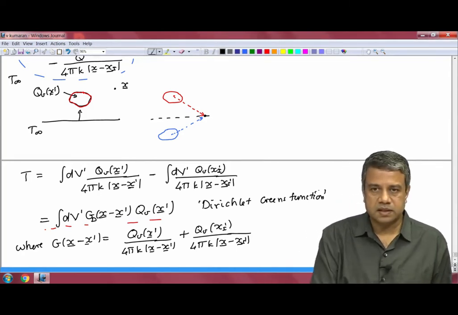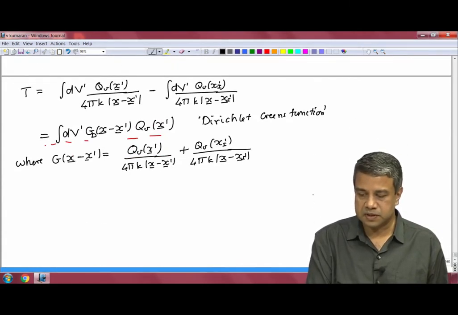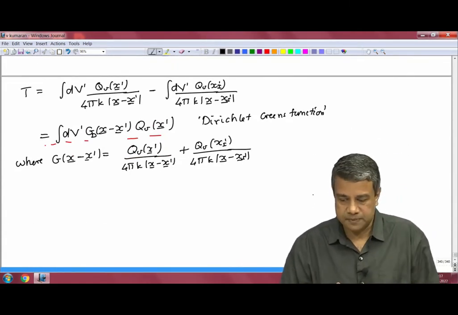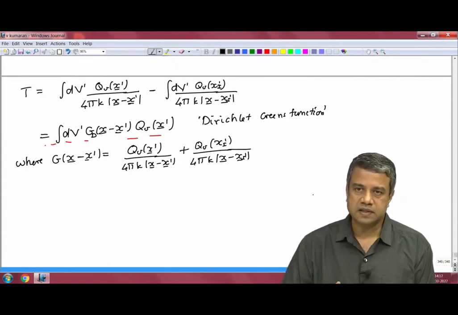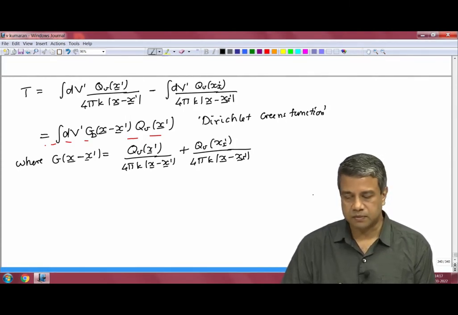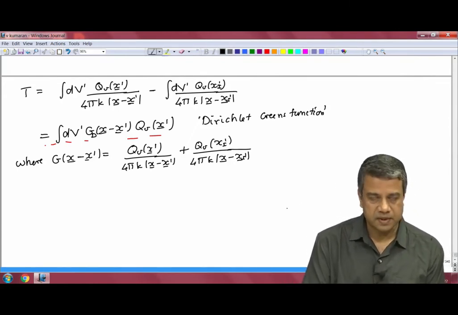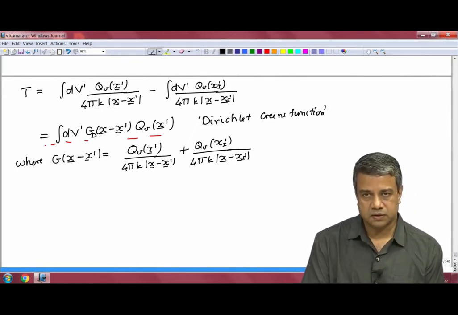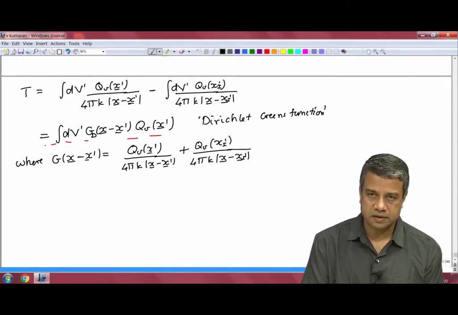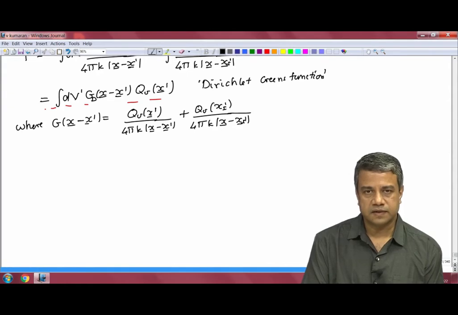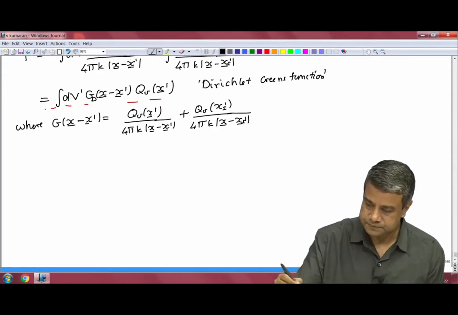This is the Green's function which ensures that the temperature is a constant on a surface. For a plane surface, it is relatively easy to identify the Green's function. If the surface were more complicated, it would be more difficult to identify. So, this kind of image source or image sink ensures that the boundary condition that the temperature is a constant on the surface, or the surface is perfectly conducting, is satisfied.